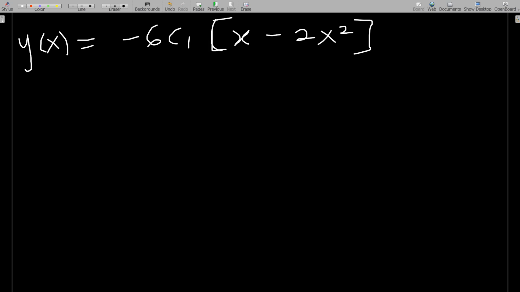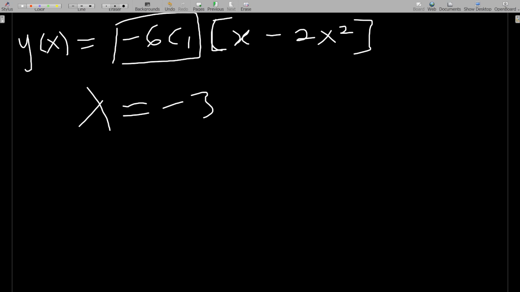Now we know our eigenvalue to be -3, that lambda 1 equals lambda 2 equals -3, and then the eigenfunction here is, you can say that you take the whole of -6 c1 to be 1. This is a whole constant. So you take it to be 1, and you have your eigenfunction y of x to be equal to x minus 2x squared.